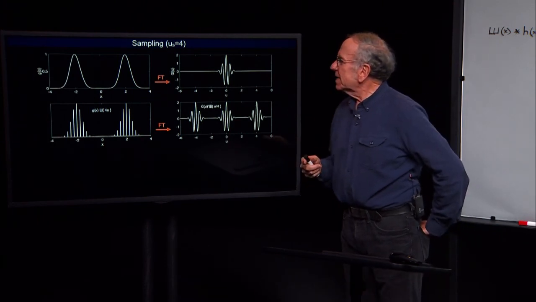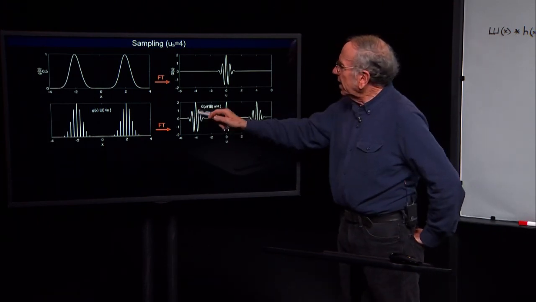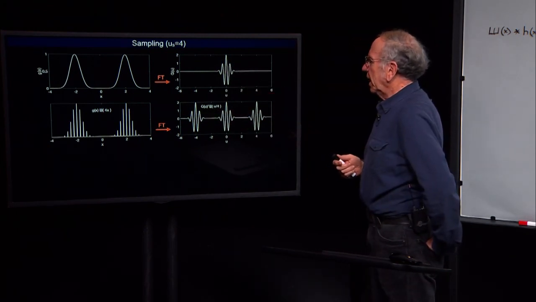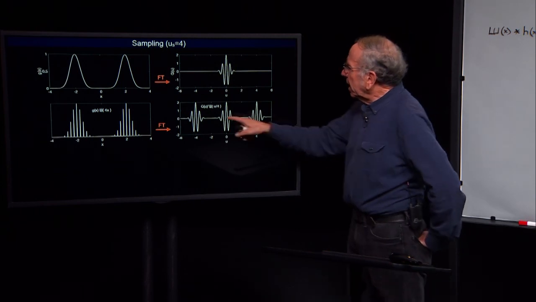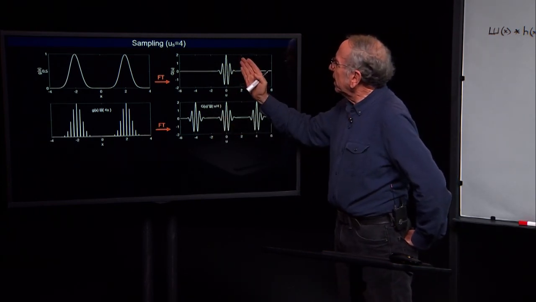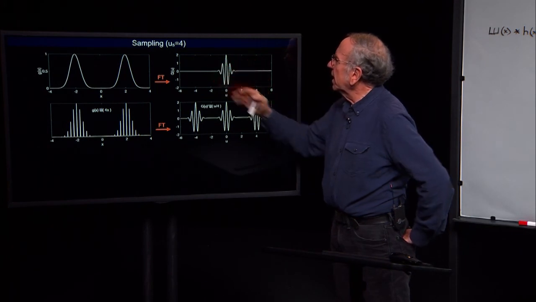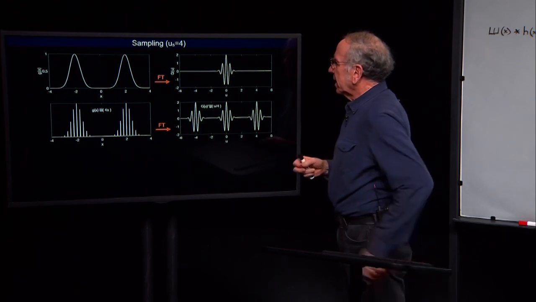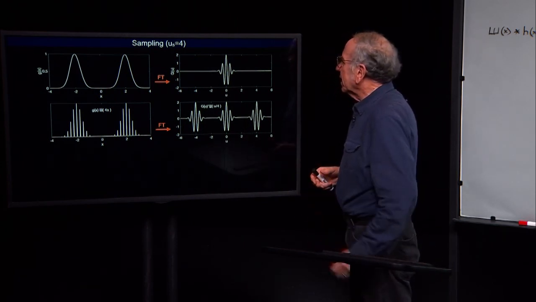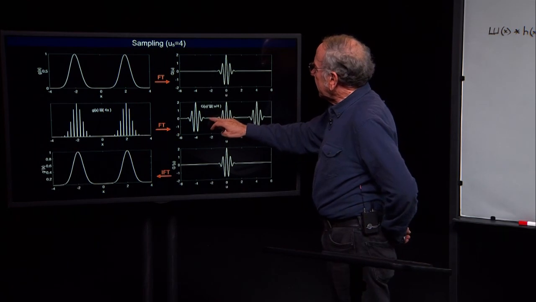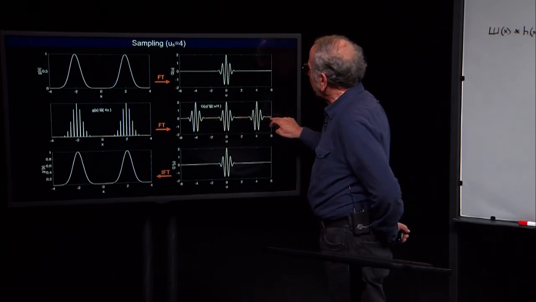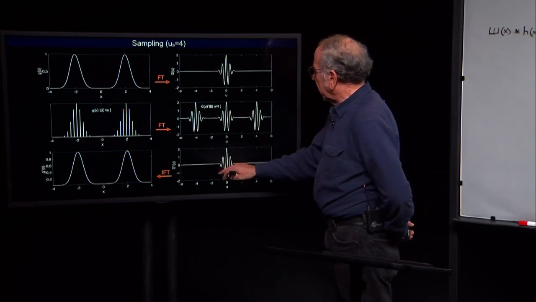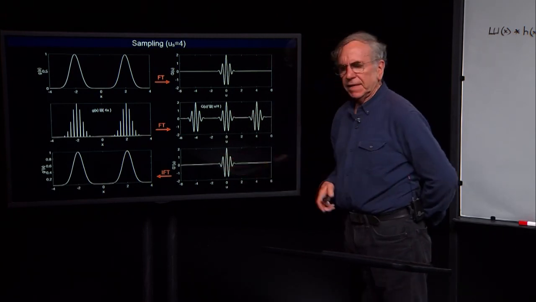Now, what's really interesting here is that we have these repeating copies of our original g of u, and if the g of u is completely contained in a particular region of the u-axis, then I can do a trick. The trick is this: I just set to 0 all of the extra copies of g of u, so that I have only one copy of g of u in the center.